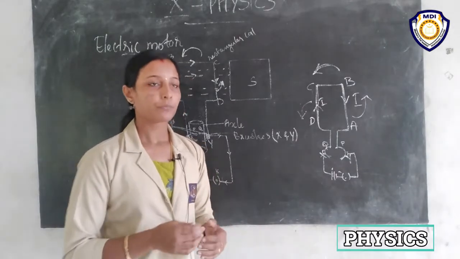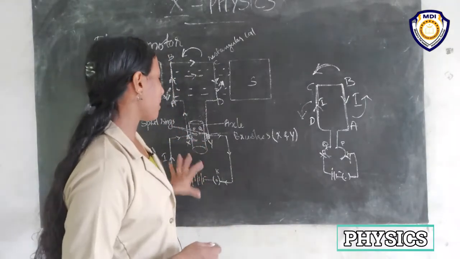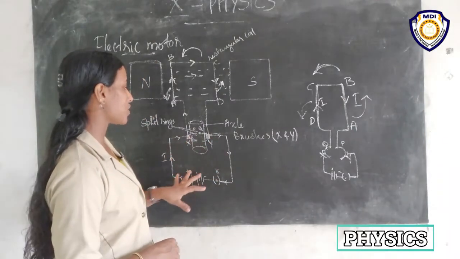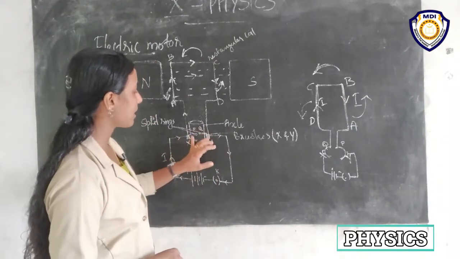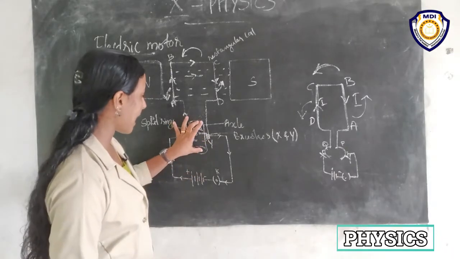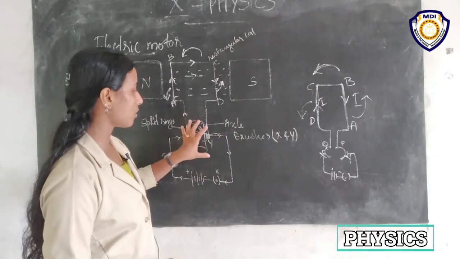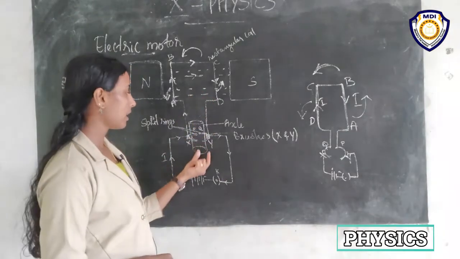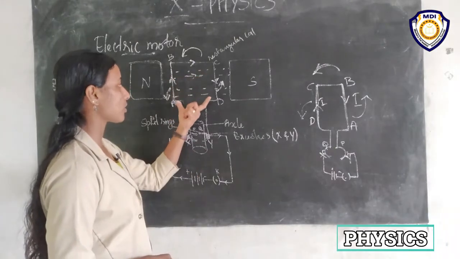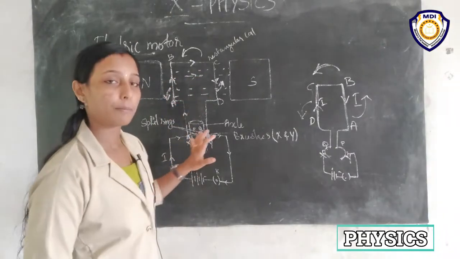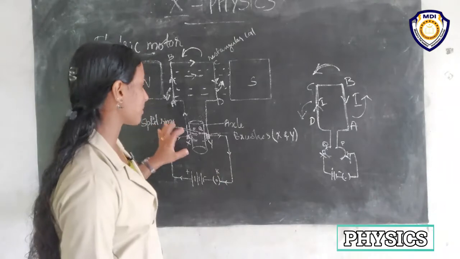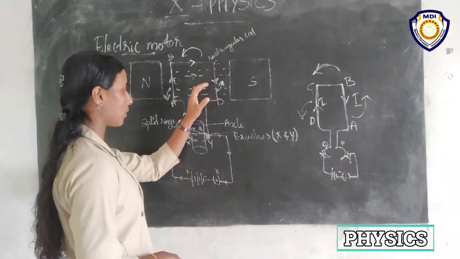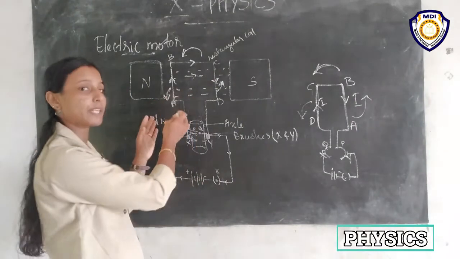So these are the major components: a cell, key, and graphite brushes, and we have a split ring, and this is the axle. This axle is only for freely rotating this rectangular coil, right? These are the major components of an electric motor, and whenever current passes through this rectangular coil, it experiences a force.